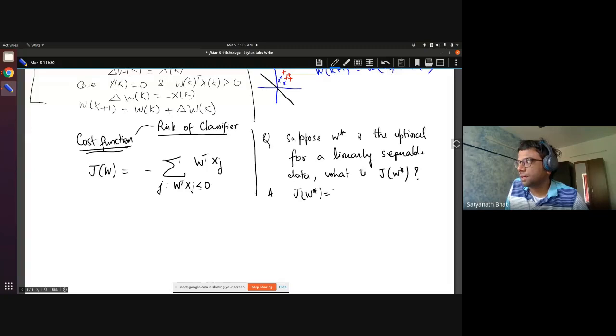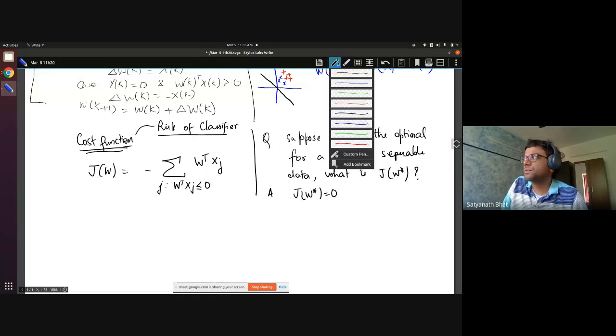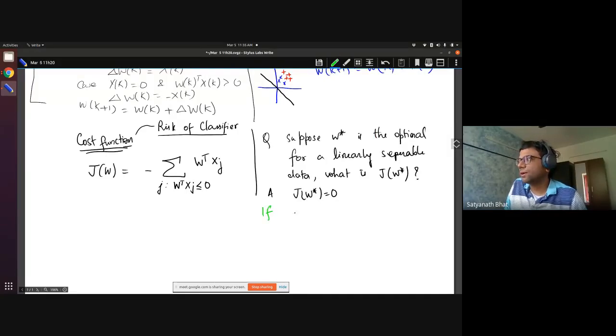The reason being, we saw one result yesterday, which we said we will not prove, but it is good to recall. The statement was, if data is linearly separable, then perceptron always converges to well separated points.